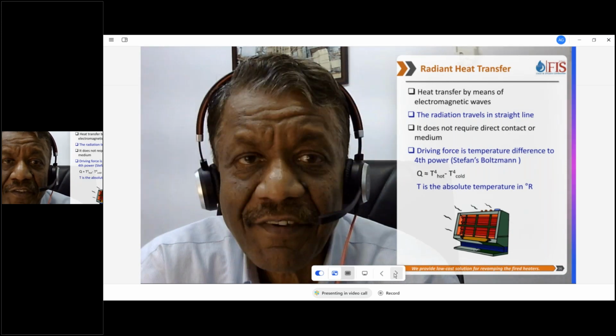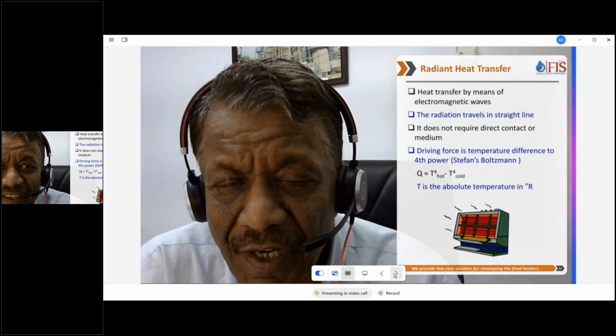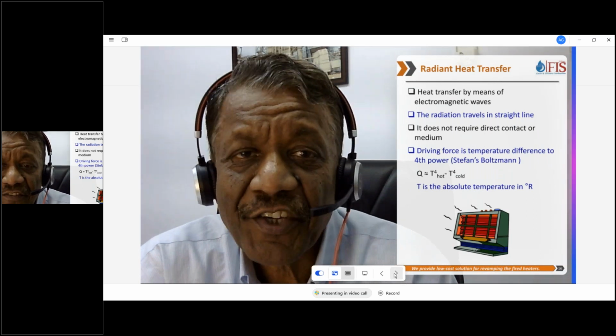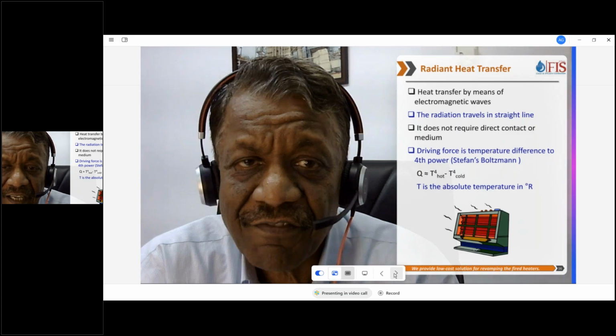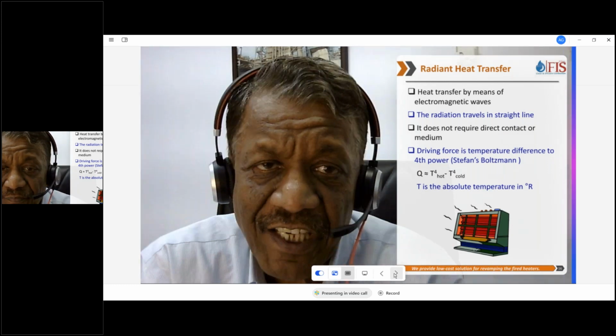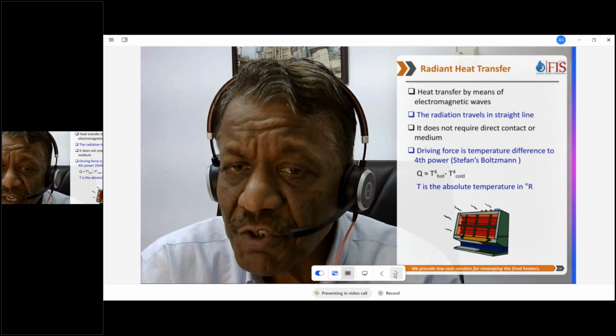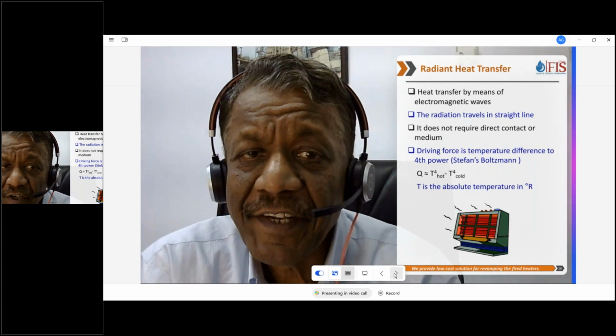Very, very basics. I think all of you know, I don't need to put it, but I still thought I will add it. Radiant heat transfer is heat transfer by electromagnetic waves. Radiation always travels in a straight line, does not require any medium or any contact.